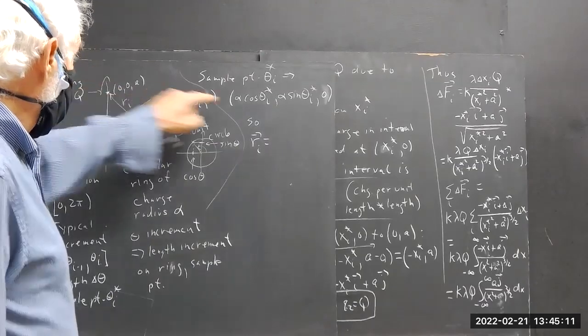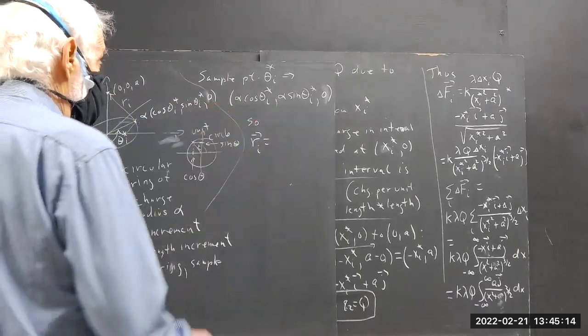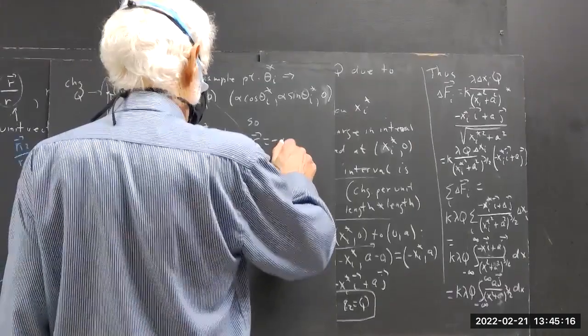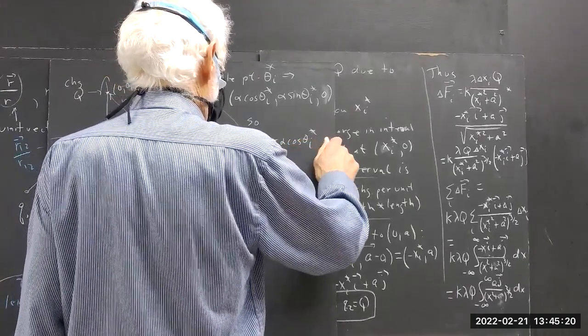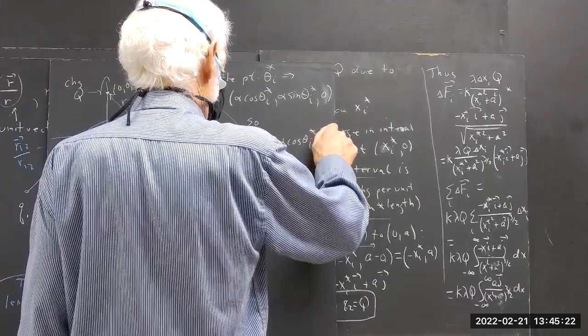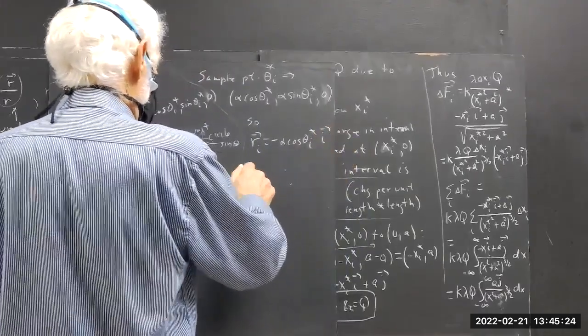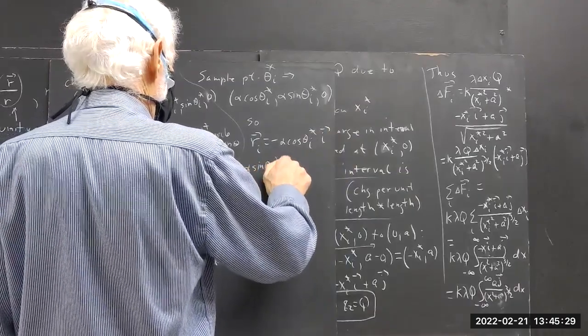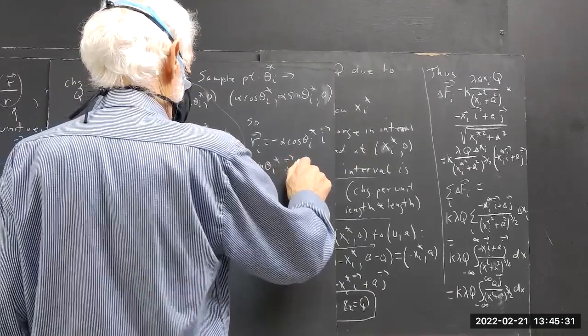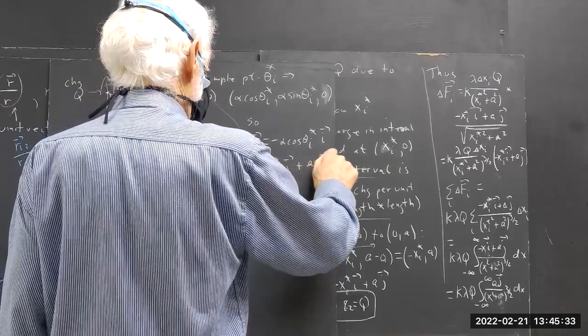Okay, well, 0 minus this is negative alpha cosine theta sub I star times your i vector, and then it's minus alpha sine theta sub I star times your j vector plus a times your k vector.